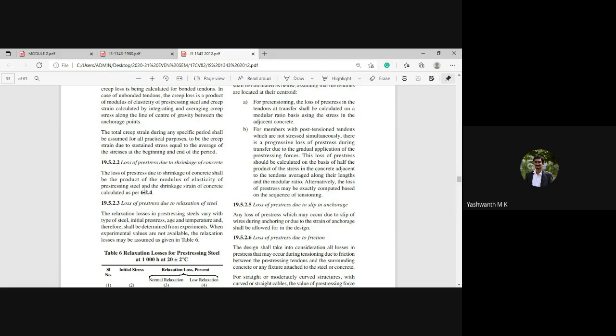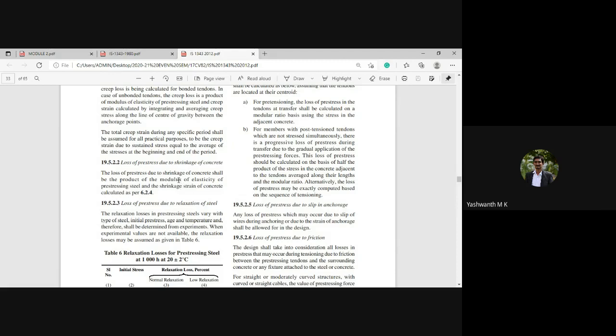So we know from the formula, loss of pre-stress due to shrinkage of concrete equals epsilon Cs, that is the shrinkage strain, multiplied by the modulus of elasticity. It is the product of shrinkage strain, epsilon Cs, which means shrinkage strain in concrete, multiplied by the modulus of elasticity of steel, that is Es.